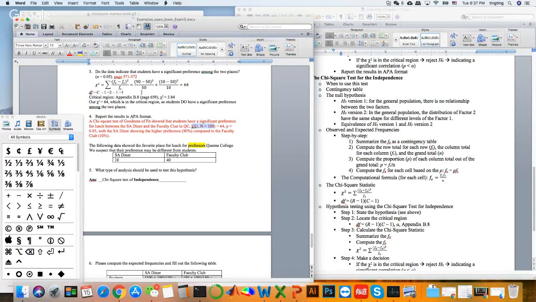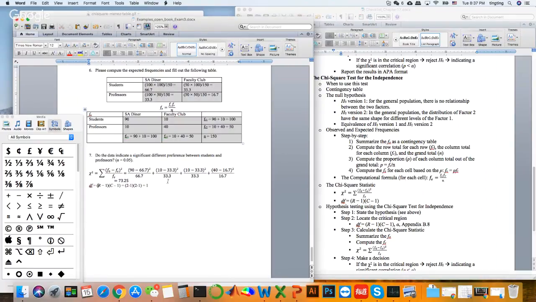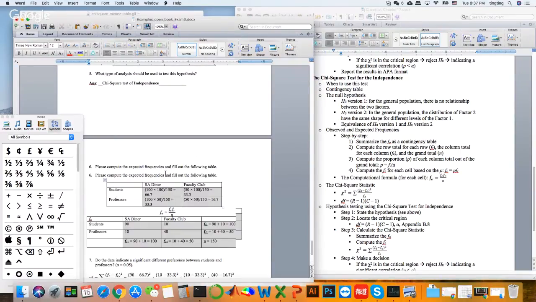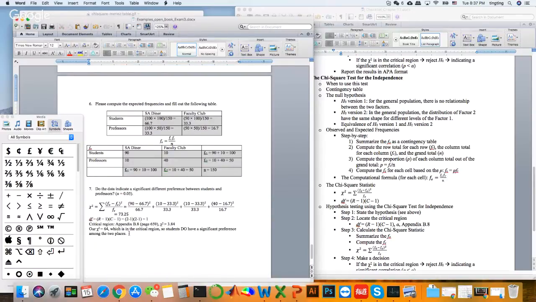The critical region for df equals 1, alpha equals 0.05 is this. The same conclusion. Our chi-square equals 73.25, so it's greater than 3.84, which means it is in the critical region.